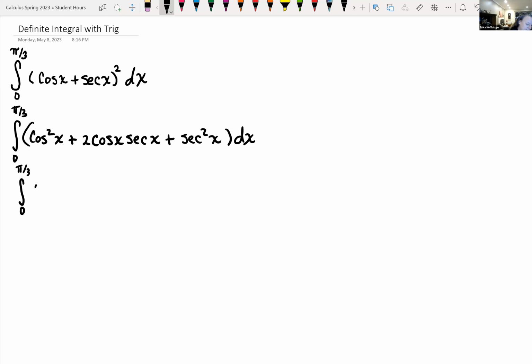Cosine squared x is where we need to do some manipulation. So we have cosine squared x plus 2 cosine x times 1 over cosine x, which is our secant x, plus secant squared x dx.